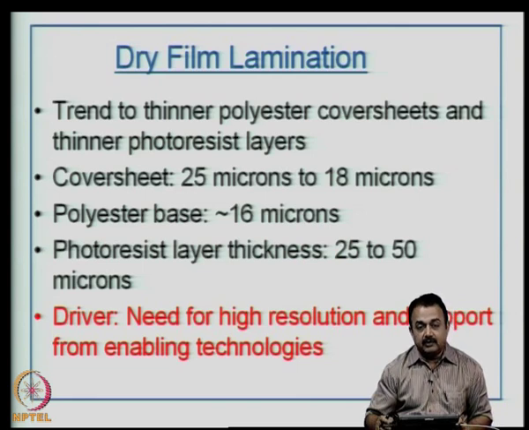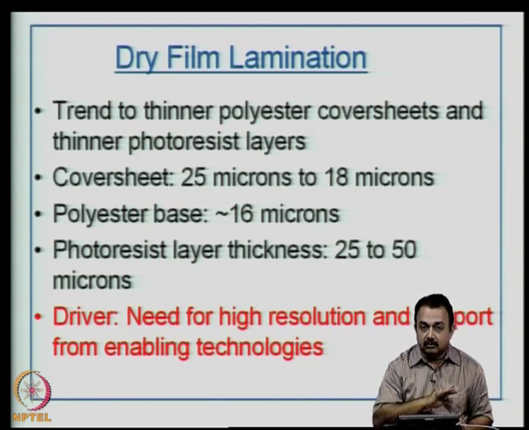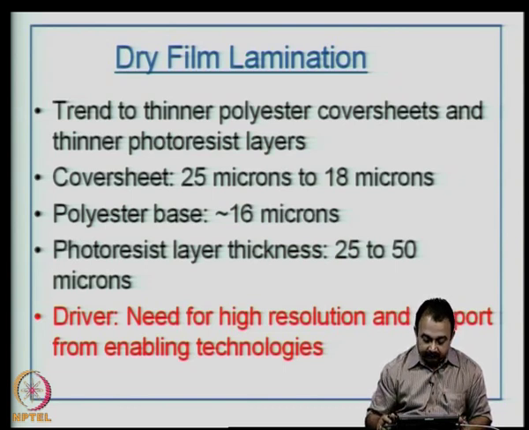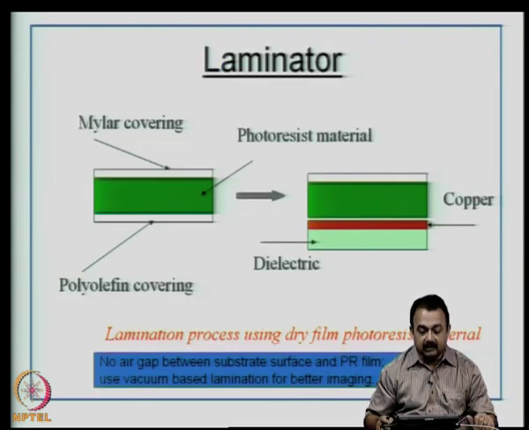So, the need for using dry films is that we require high resolution, we require good control on the thickness throughout the entire process, from one edge of the PCB to the other edge of the PCB, and it should support enabling technologies like your high density interconnect.